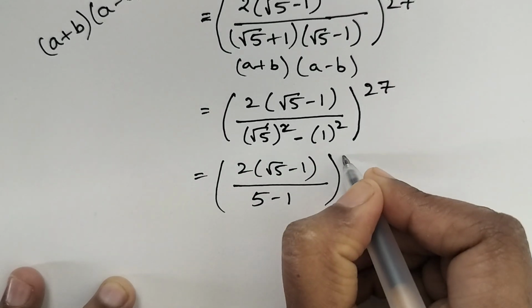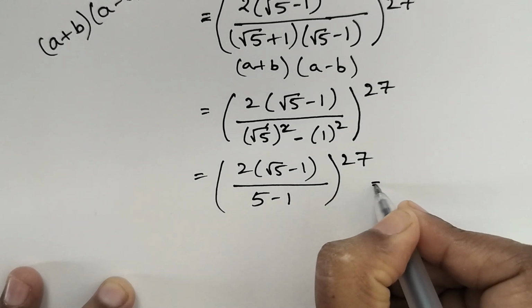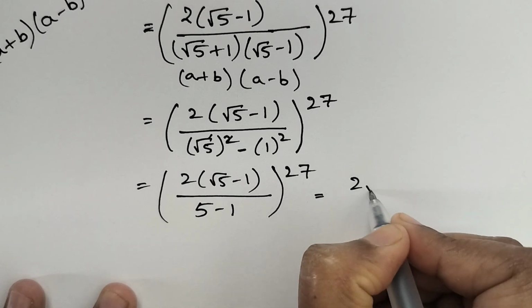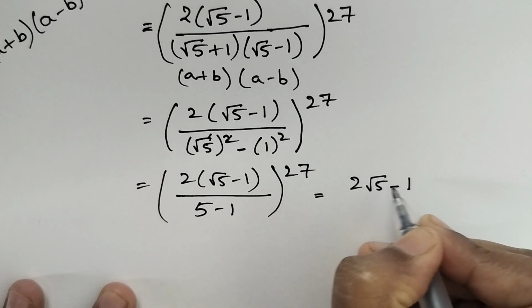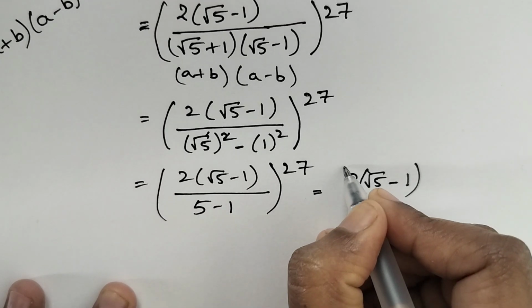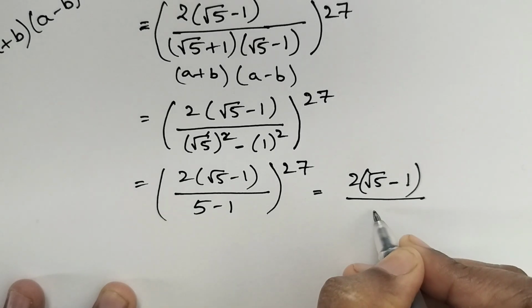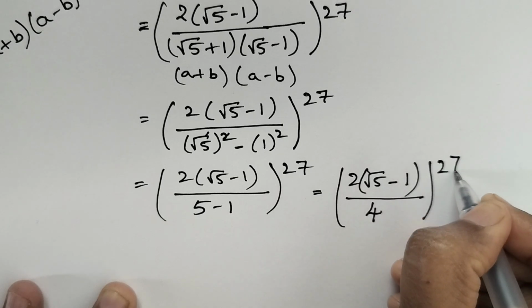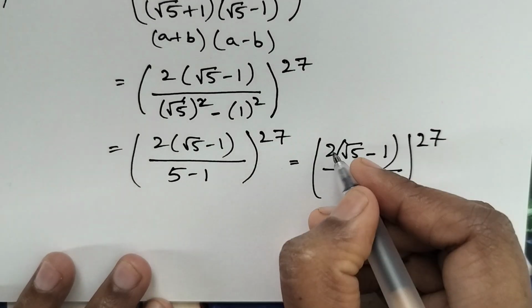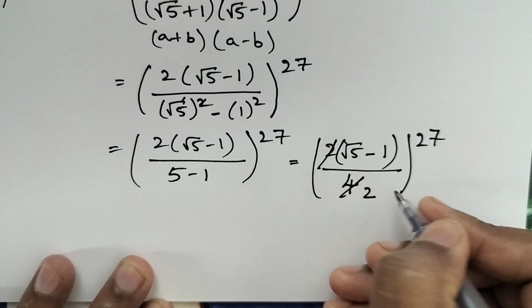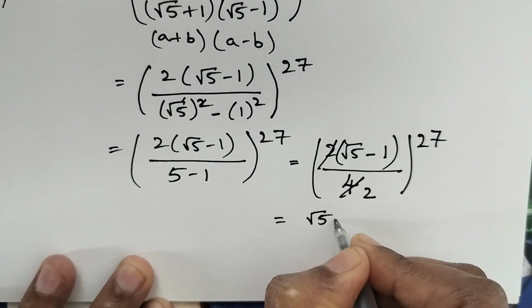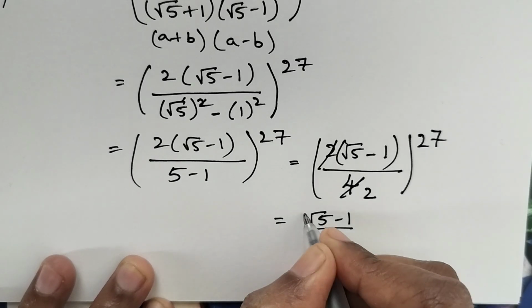So 2 times the square root of 5 minus 1, divided by 5 minus 1, which is equal to 4, whole to the power of 27. Here 2 divided by 4 gives the square root of 5 minus 1 divided by 2, whole to the power of 27.